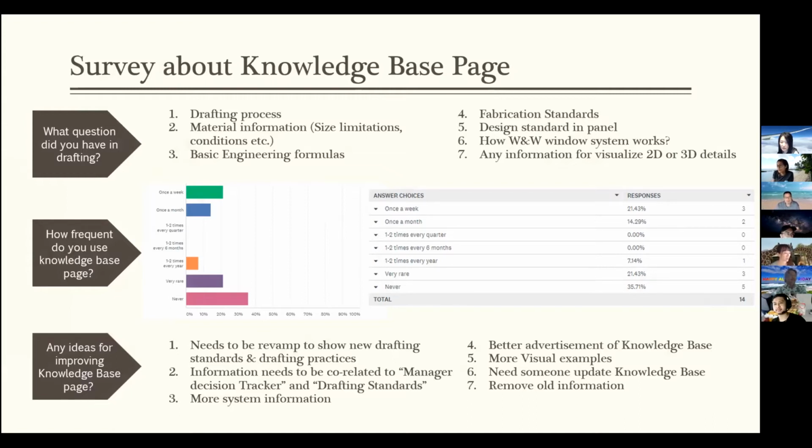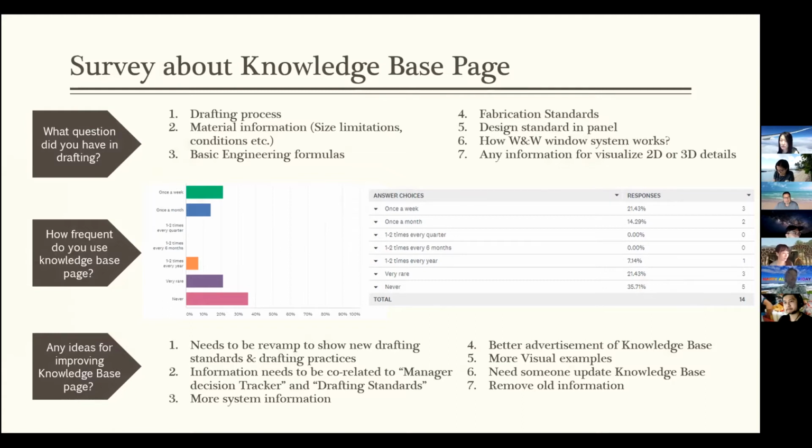And number 3, we want to get some ideas for improving the knowledge base page. So I also listed 7 summary points for how we revamp that. Number 1 is to revamp to show new drafting standards and drafting practices. Number 2, information needs to be correlated to the manager decision tracker and drafting standards, which will be mentioned later on.